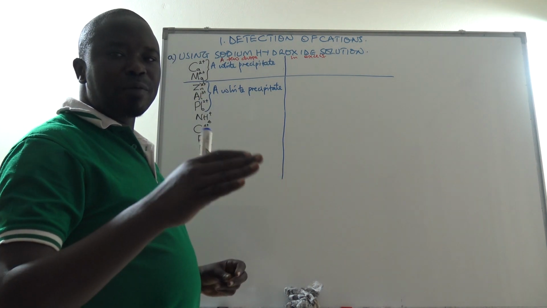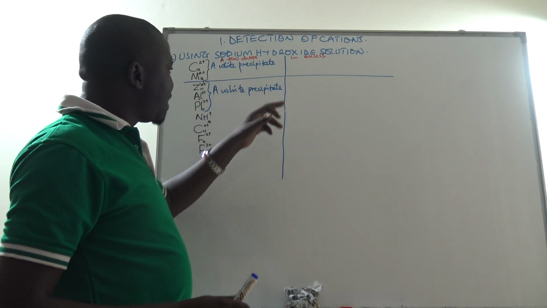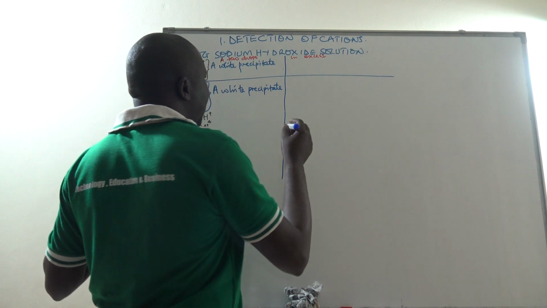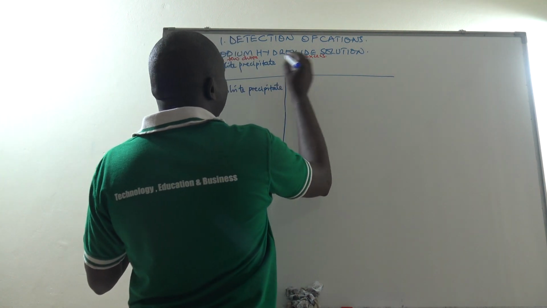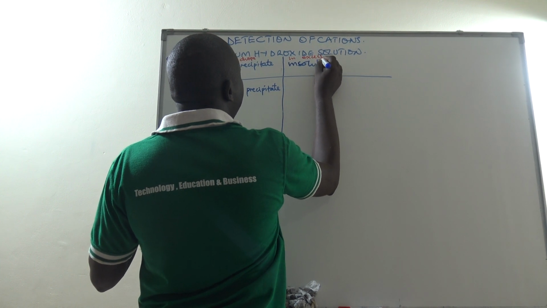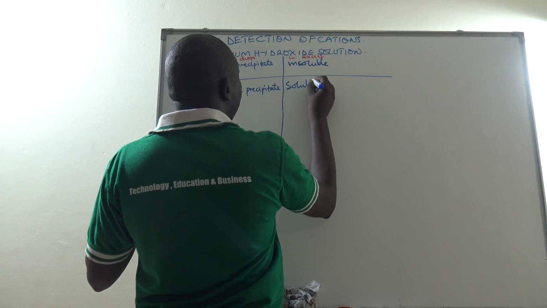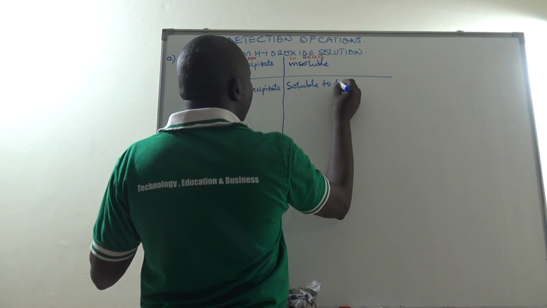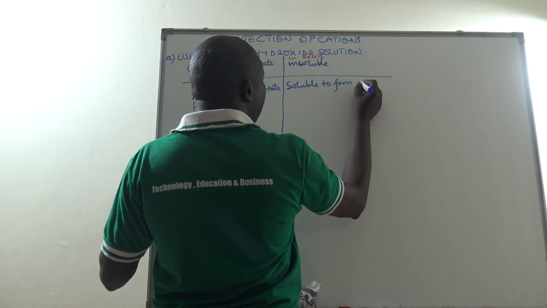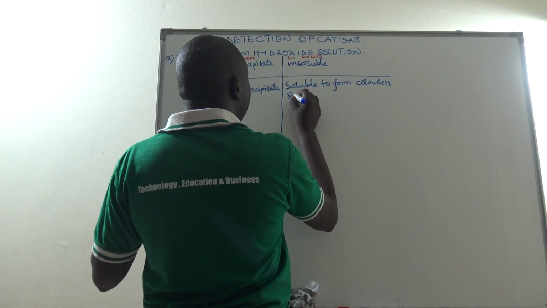Let us use the word precipitate in full. A white precipitate, and then in excess, the first two are insoluble in excess. For these ones here, they are soluble to form colorless solutions.